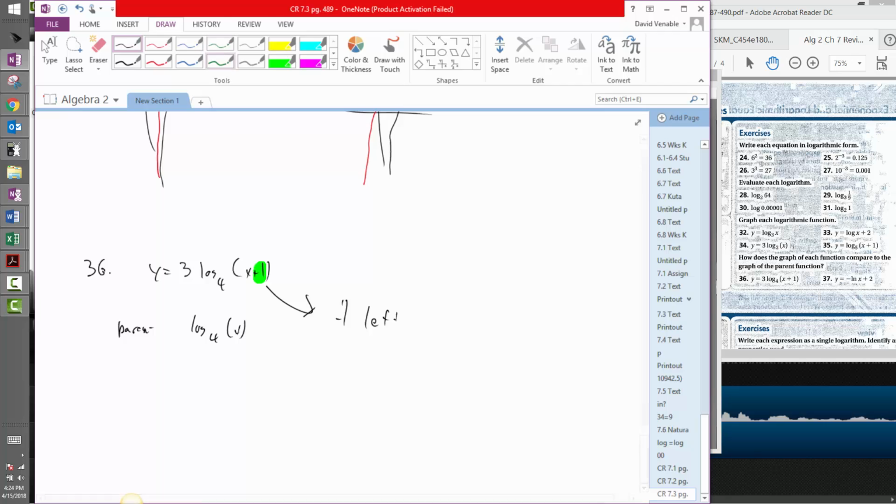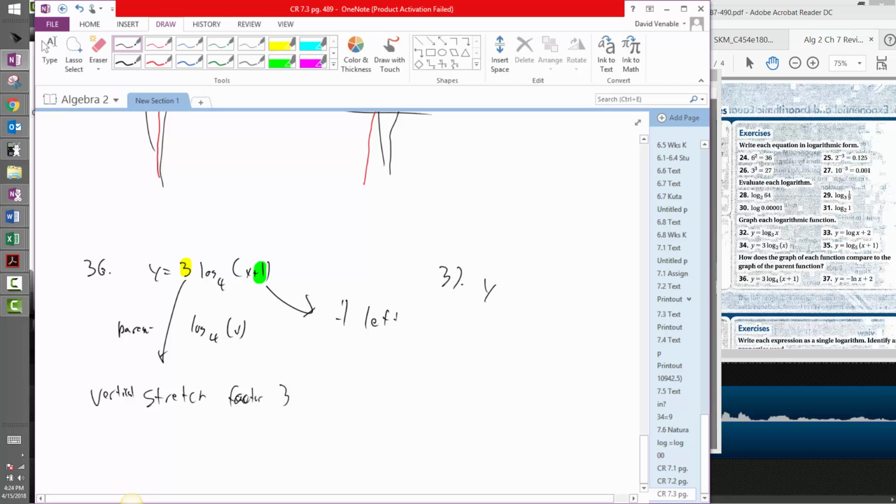Now what does the 3 do? It stretches it. It's a vertical stretch by a factor of 3. You can think of it almost like a slope.